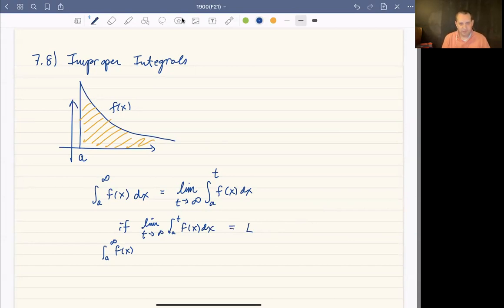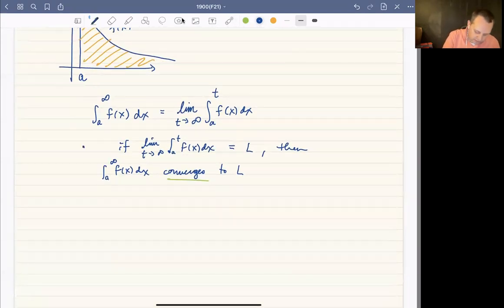If this limit equals L, where L is some finite number, then we say that this integral converges to L. That's a new word for us.